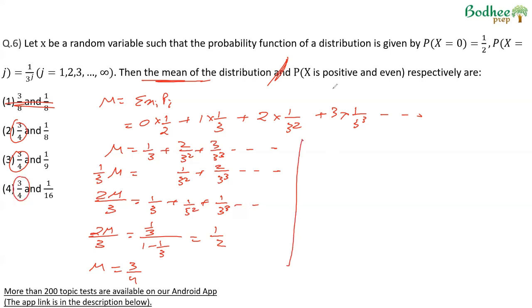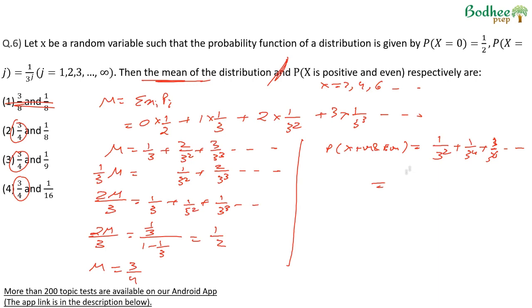Then we look at the value of P of x being positive and even. X being positive and even means x would be 2, 4, 6, and so on. P of 2 will be 1 by 3 raised to power 2, P of 4 will be 1 by 3 raised to power 4, 1 by 3 raised to power 6, and so on.